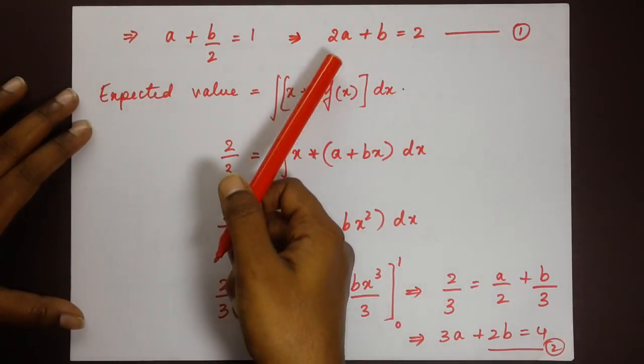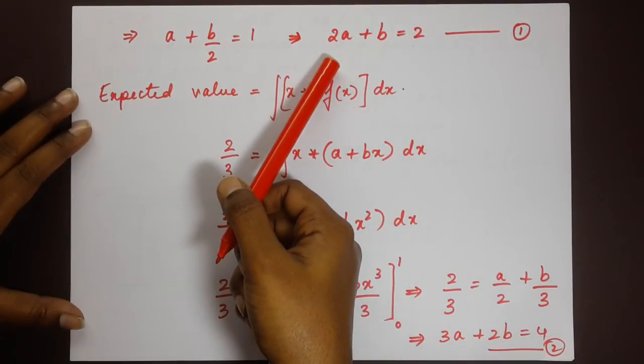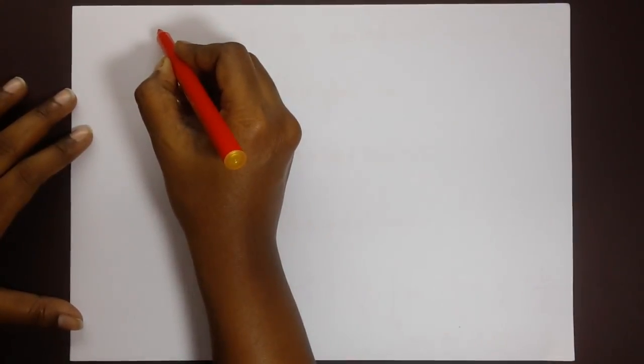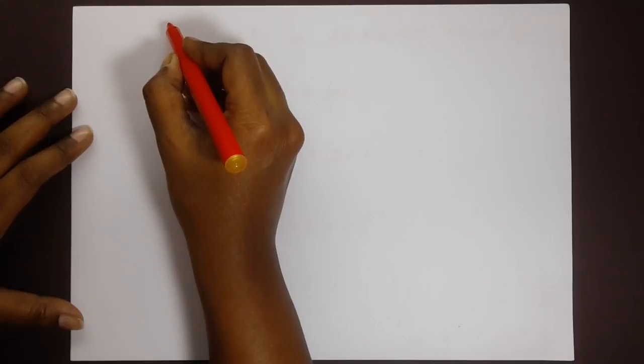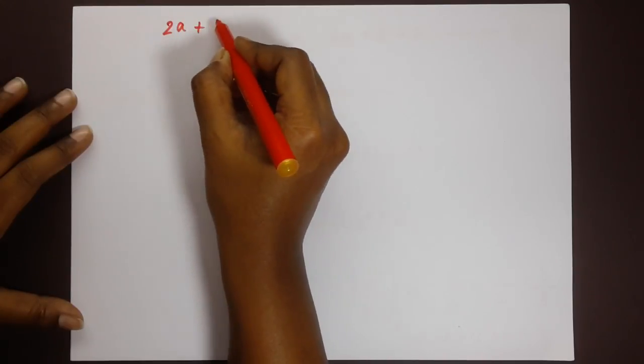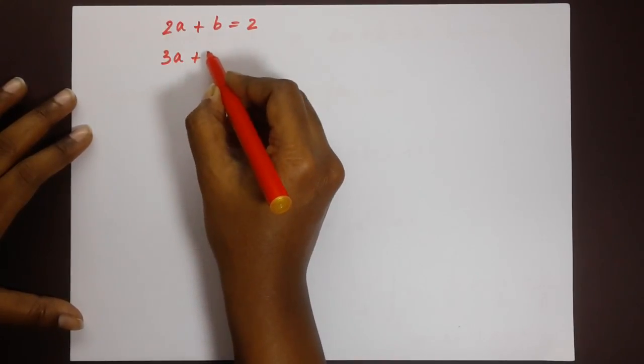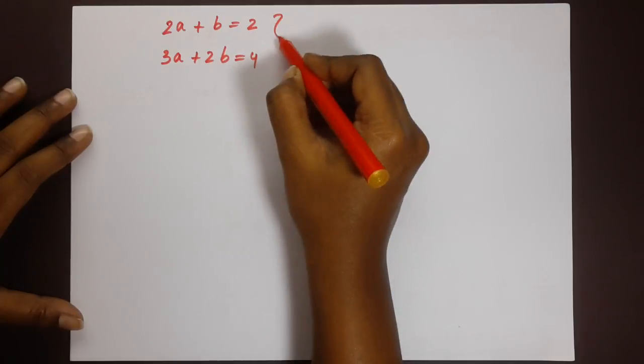So we have equation 1 which says 2a plus b equals 2, and we have equation 2 that says 3a plus 2b equals 4. So if we solve both of these equations, we'll obtain the values of a and b. So let's do that now. The equations are 2a plus b equals 2 and 3a plus 2b equals 4.